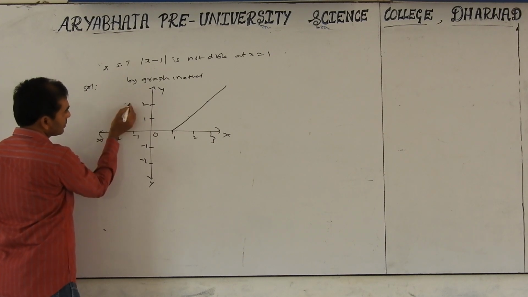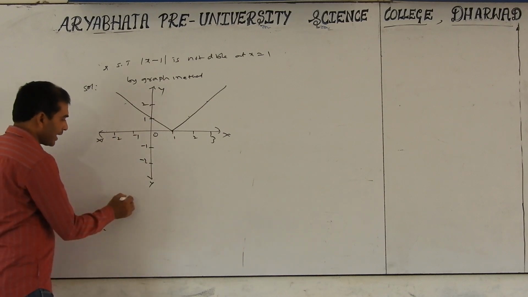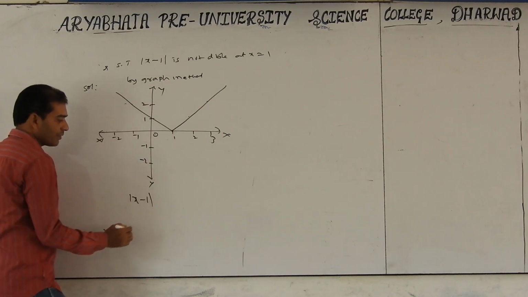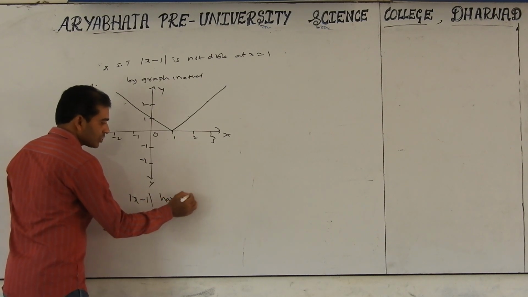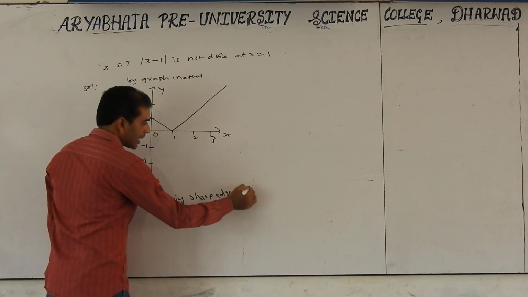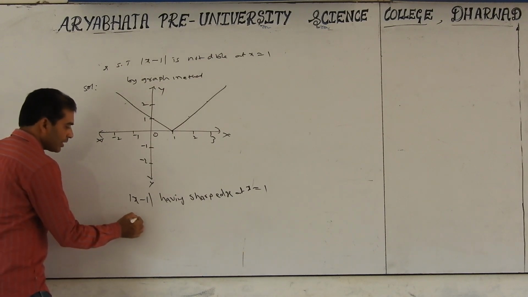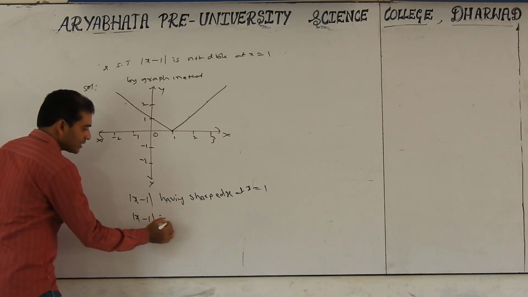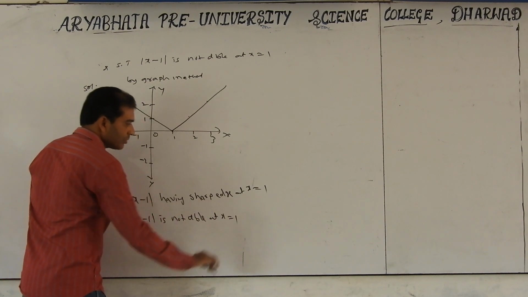Are you following? So by seeing the graph, mod x minus 1 has a sharp edge at x equal to 1. Therefore mod x minus 1 is not differentiable at x equal to 1.